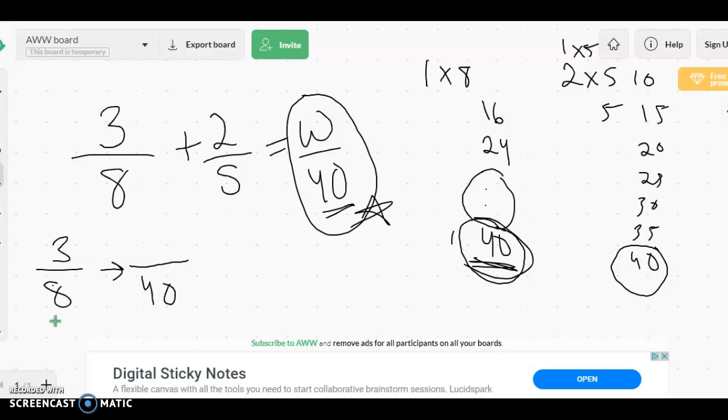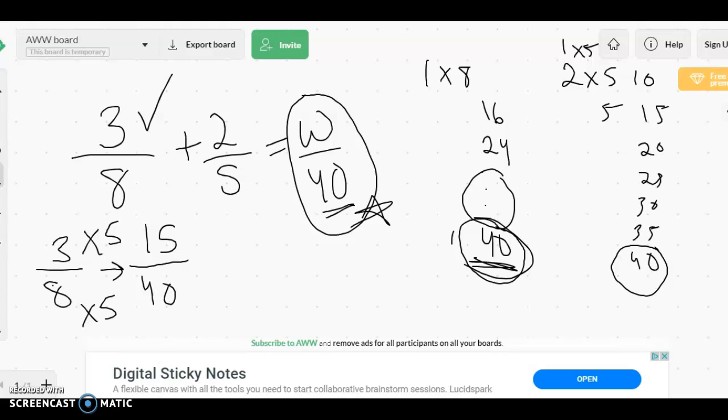Well, you can work through your multiples of 8, or you can just have this memorized, which all of you should. 8 times 5 equals 40. Now remember, whatever we do to the bottom, we do to the top, so I'm going to multiply 3 times 5. 3 times 5 equals 15. Okay, so I'm done with my first number.